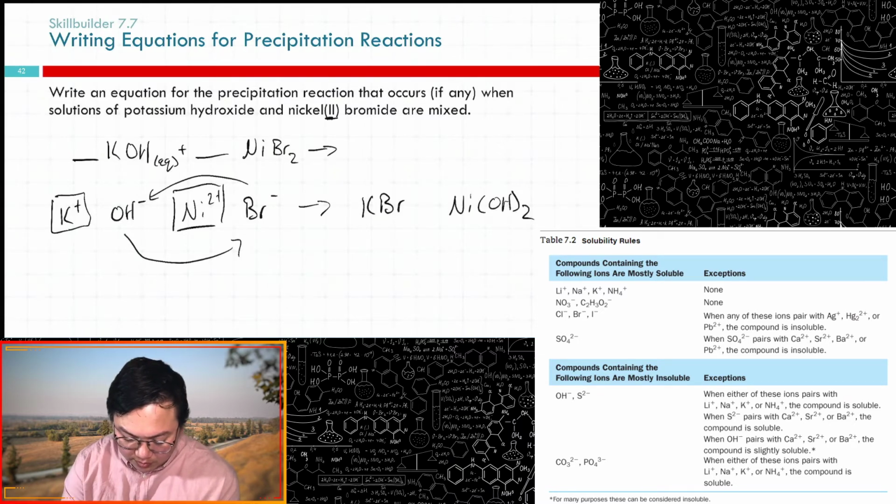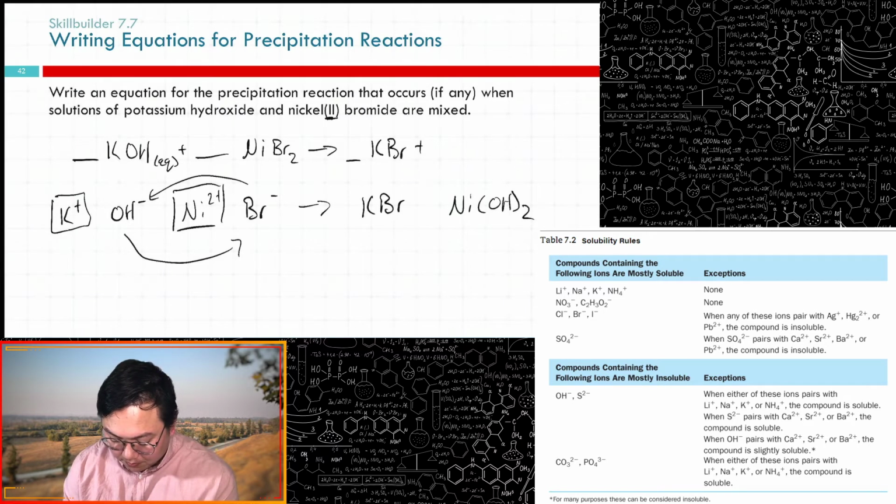Then again, leave space for a coefficient, potassium bromide, with charges balanced, plus nickel hydroxide. Oh, and I forgot, this is aqueous, and now this is solid.